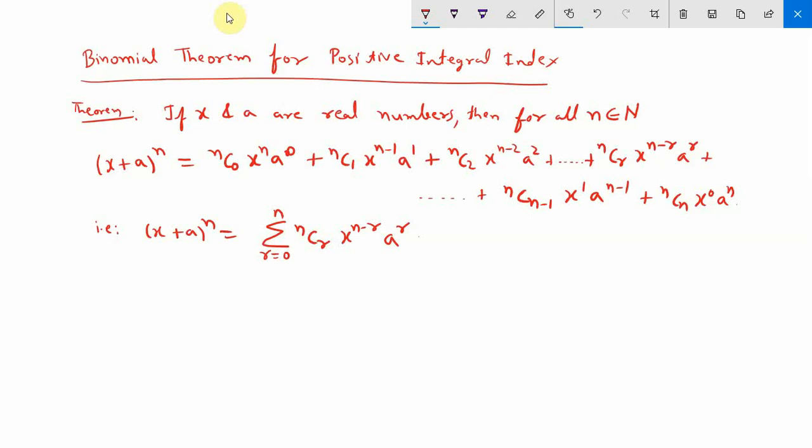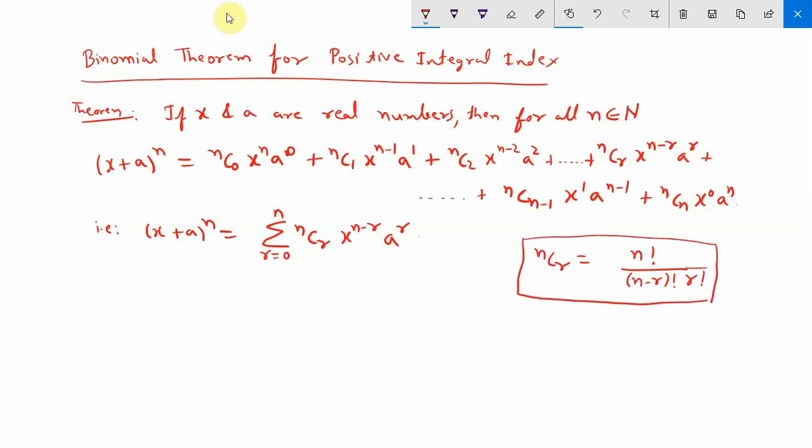And here, if you see nCr, how do we expand it? nCr is n factorial by (n minus r) factorial into r factorial. This formula you need to remember.